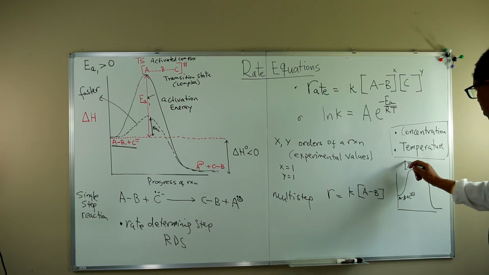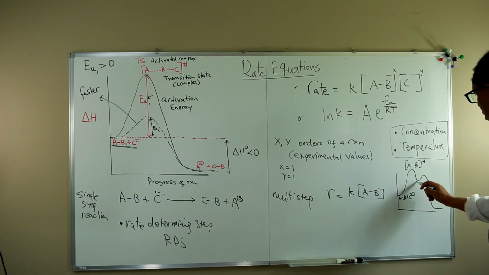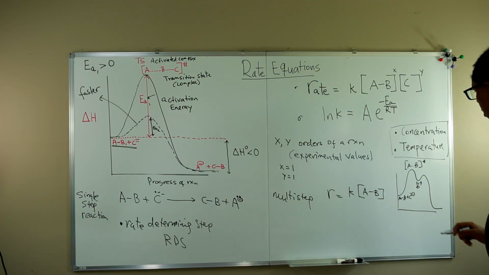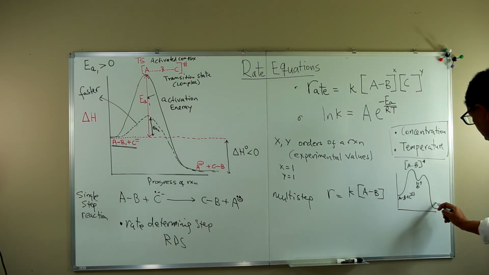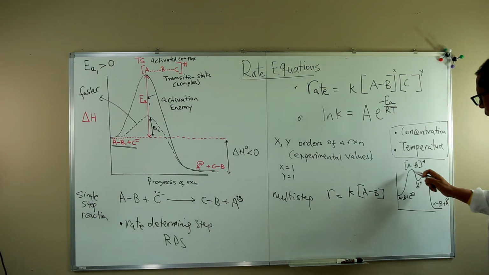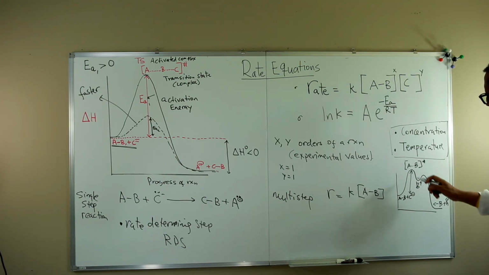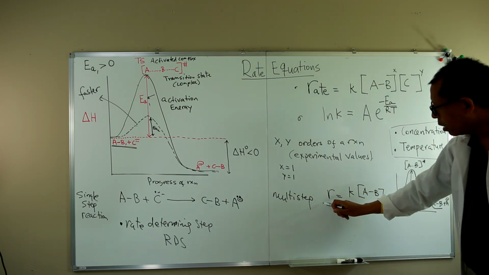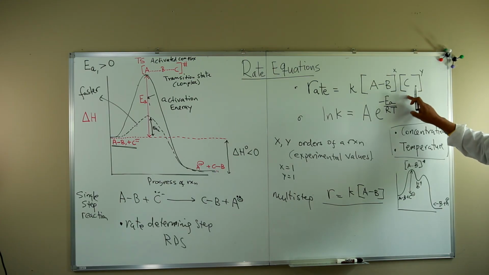This is the transition state. Then once B plus is formed as an intermediate, C comes in, CB is formed, and A is released. So in the main high activation energy step, only AB is involved. So in the rate law also, C will not be included.